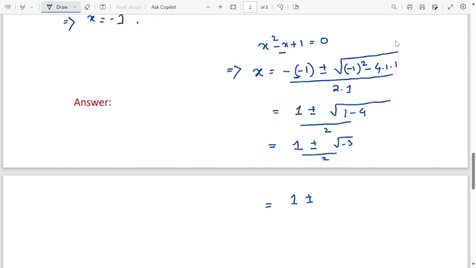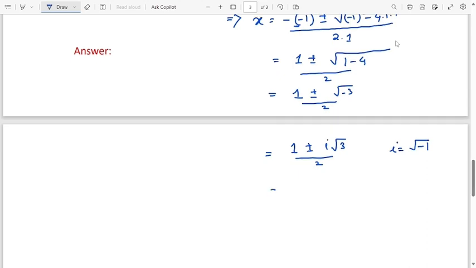We can write this as i√3, because iota, or i, is the square root of −1. So we have (1 + i√3)/2 and (1 − i√3)/2.